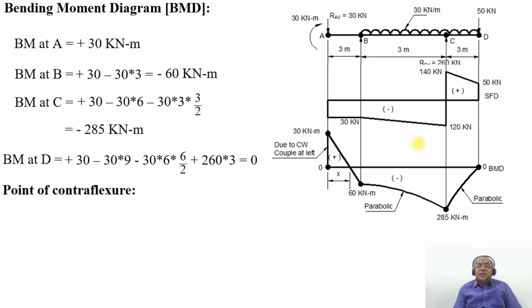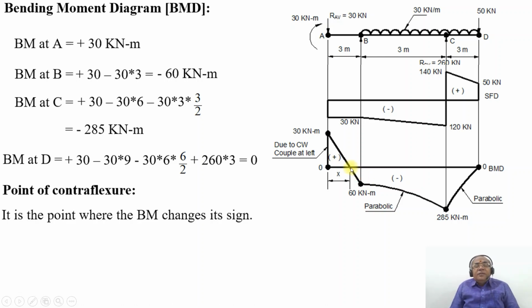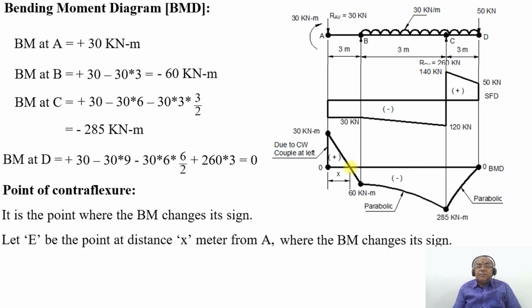Now, as the bending moment diagram shows, the bending moment is changing its sign from positive to negative at this point. That point is called the point of contraflexure. As the problem says, locate the point of contraflexure, if any. It is the point where the bending moment changes its sign. So let E, which I have not shown, be the point at a distance of x meters from A, where the bending moment changes its sign.